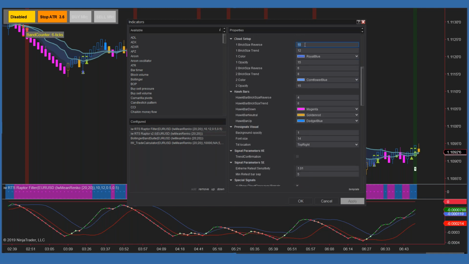Okay, so cloud number one is 1.5 times. One and a half times 20 is 30. So let's add 30. Cloud number two is the same as my brick, so that will be 20.